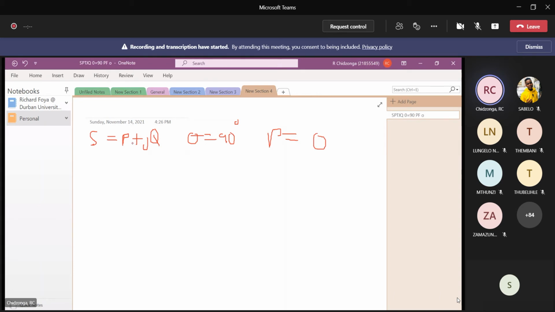So you are sending a certain amount of current down the line to the load, but you are not receiving any useful power out of it. All the power is reactive.